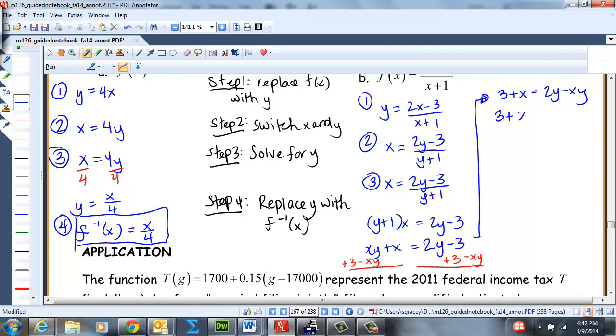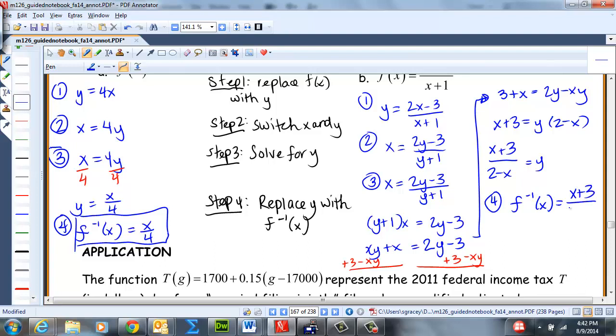Actually, just pretty that up, we'll write it as x plus 3. Factoring out a y, we'll get 2 minus x remaining. Dividing both sides by 2 minus x, we get this. So, step 4, replacing y with f inverse at x, we get x plus 3 divided by 2 minus x. And you're done.